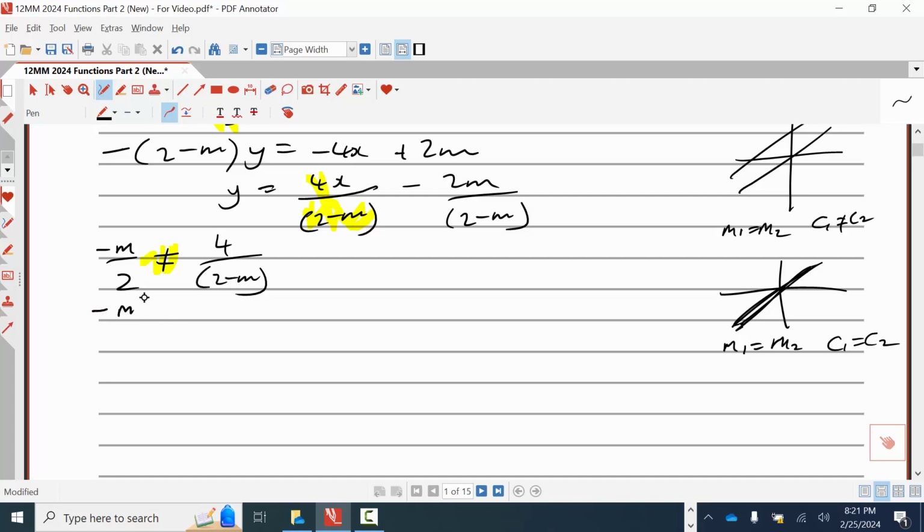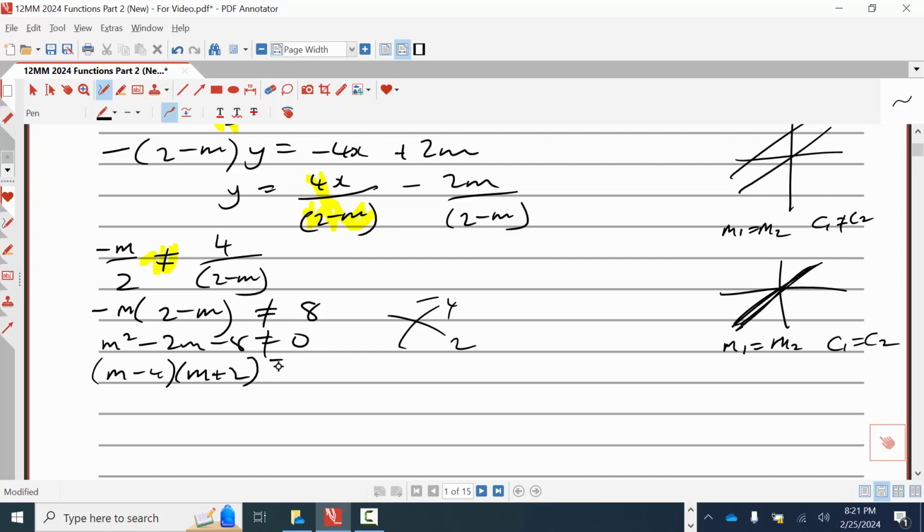Okay, so when we solve this, we've got negative m, 2 take m, can't equal 8 after we cross multiply. Now we've got m squared, take away 2m, take away 8, can't equal 0. M take 4, m plus 2, can't equal 0. M can't equal 4 and m can't equal negative 2.